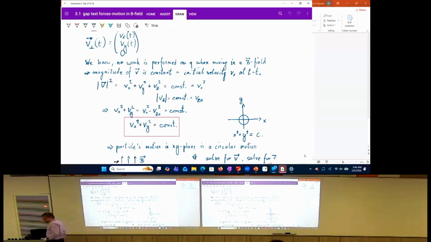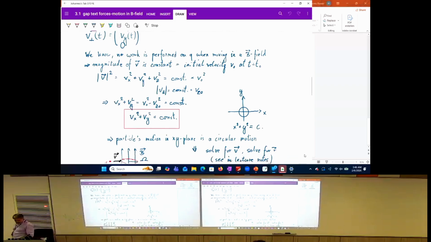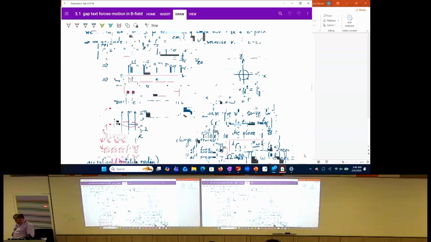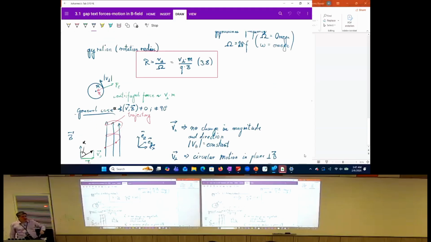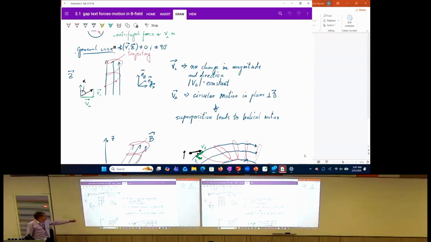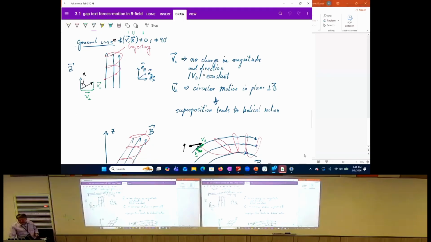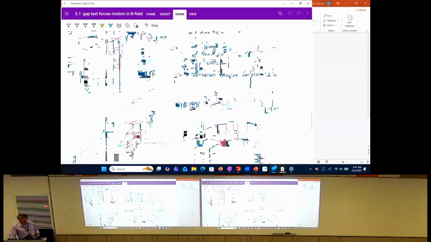And it is actually changing on a circle, and that gives you this gyrational motion, where the particle starts to move in circles. But if it, in addition, has a Z component, it also moves in the Z direction, and you have this helical kind of motion.